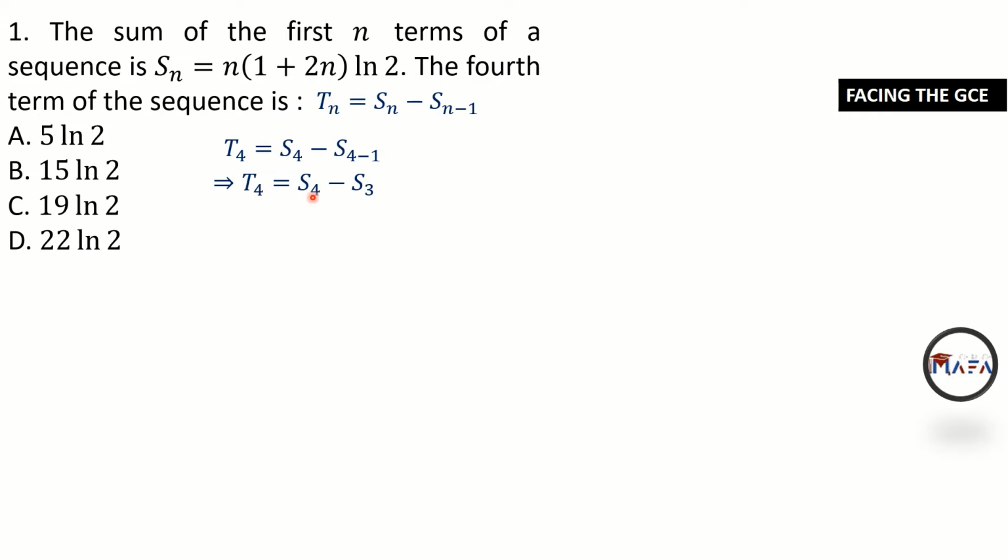The sum of the first 4 terms is gotten by replacing n with 4. Replacing, you're going to get 36 ln 2, and for the sum of the first 3 terms, replacing 3 here, you're going to get 21 ln 2. When you do the difference between the two, you're going to get 15 ln 2. So option B is correct.